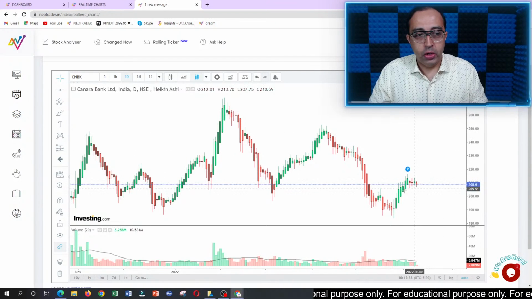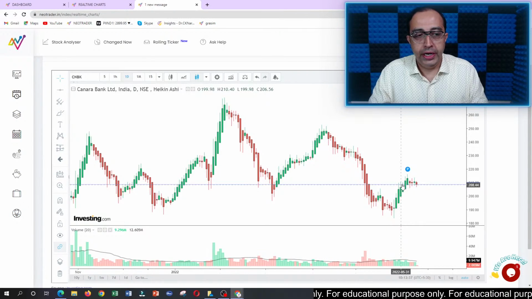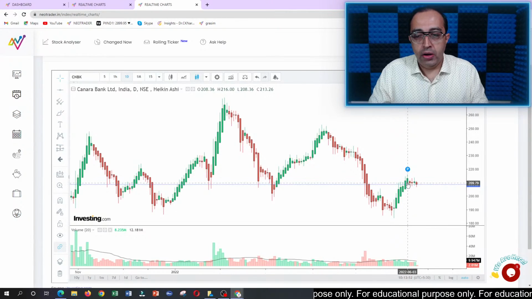In Can Bank on the daily chart, you are seeing a small body candle. So what does this mean? It means that the price which has gone up is now becoming a small body.